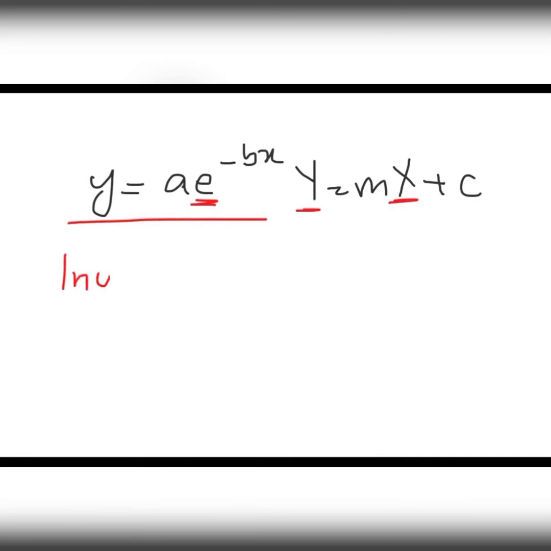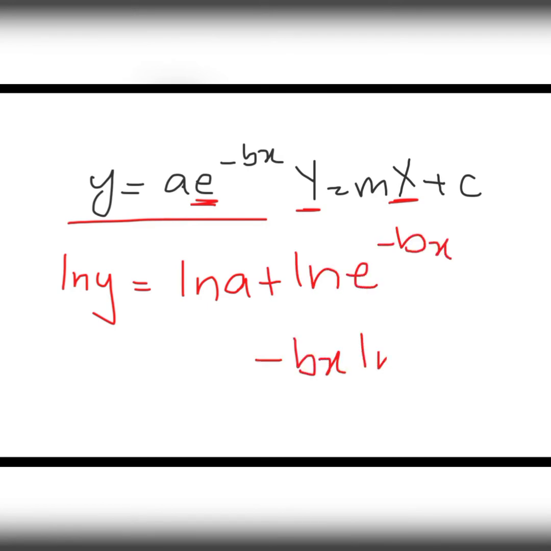So ln y is equal to, applying the laws of logarithms, ln a plus ln e to the power negative bx. This is rewritten as negative bx ln e. Ln e is obviously 1. So this just becomes negative bx.